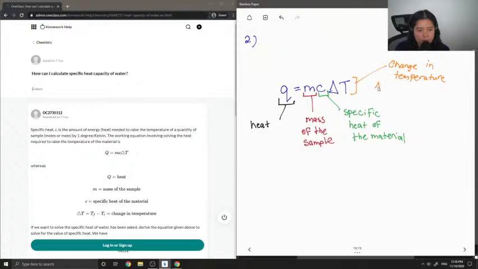So sometimes a question will give you two temperatures, the initial temperature and the final temperature. But to calculate delta T, it's going to be the final temperature minus your initial temperature.